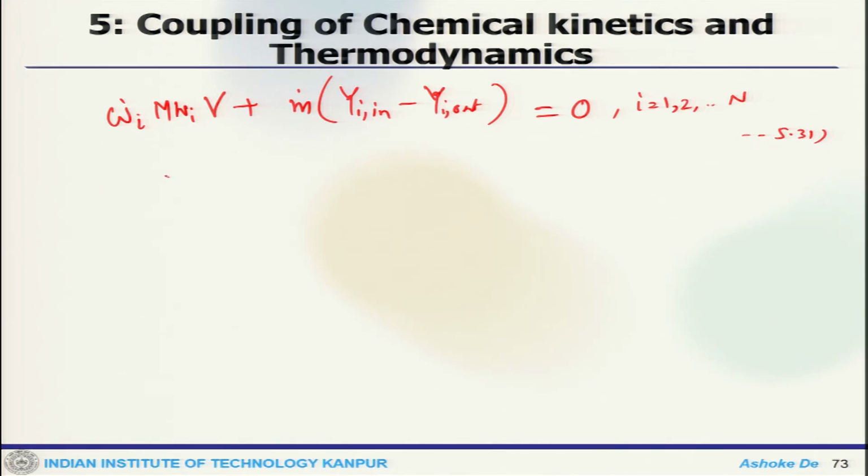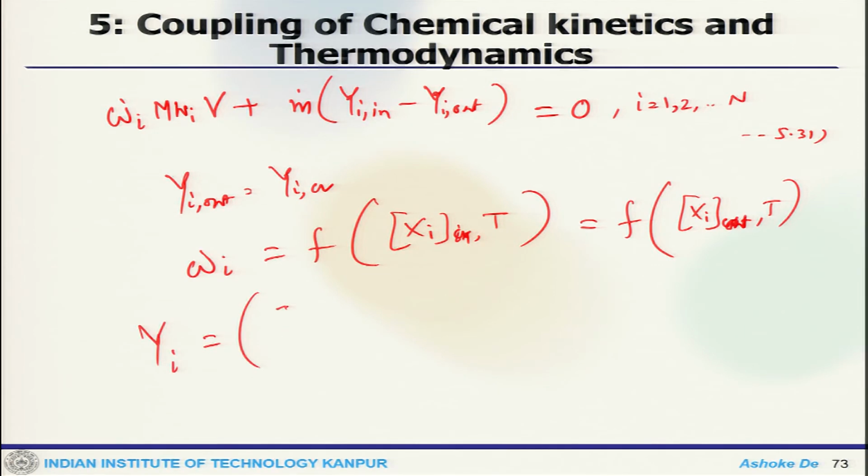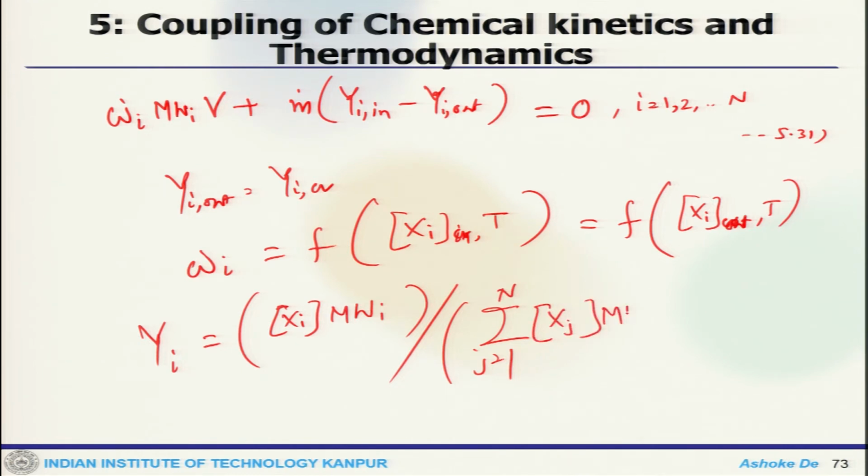Further, y I out is y I of the control volume, and species production rate omega dot I is a function of, at constant volume and temperature, which is also a function of the out conditions, and this is in and that is out, where y I one can get as x I molecular weight I divided by summation of j 1 to n x j molecular weight j.